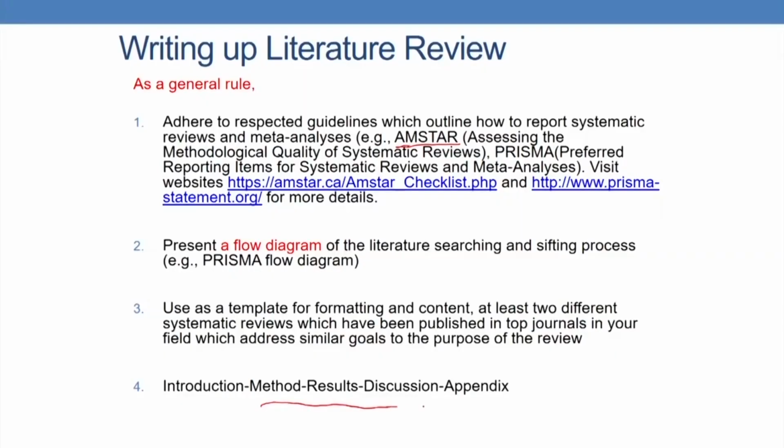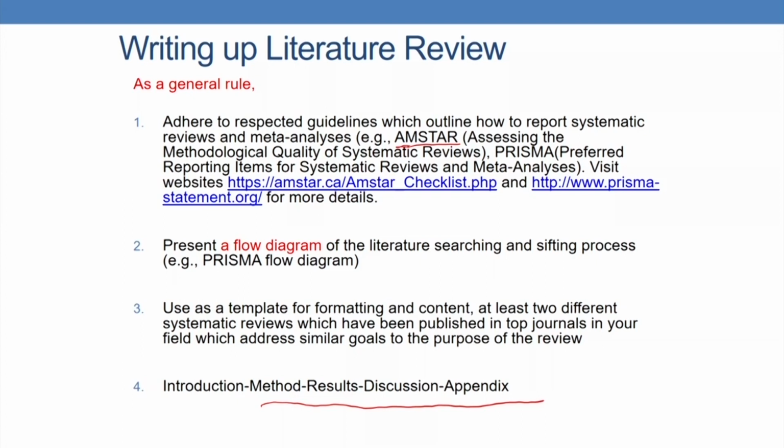Let me end this lesson by focusing a little on this flow: the introduction, methods, results, discussion and appendix flow. More specifically, a systematic review should probably include most or all of the following, depending on whether you are doing a qualitative or a quantitative review.